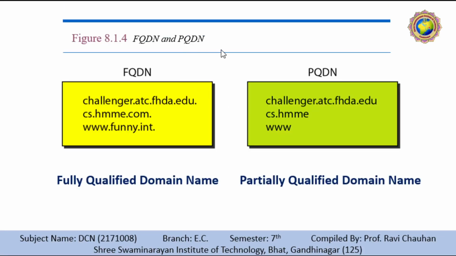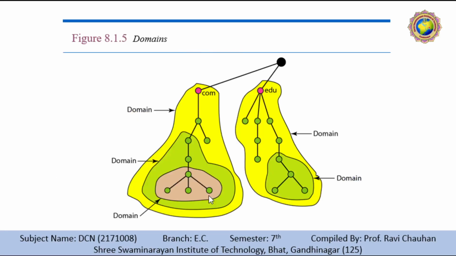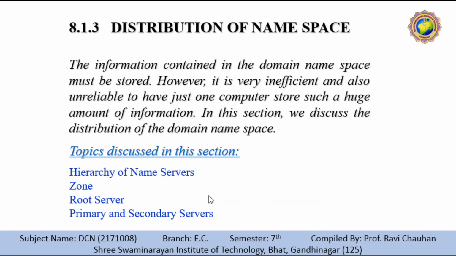FQDN and PQDN we have discussed. After that, the distribution of namespace, in which we discussed the hierarchy of name servers, zones, root server, and primary and secondary servers.